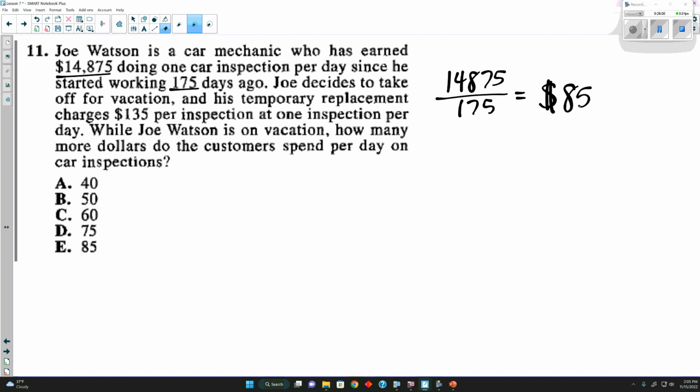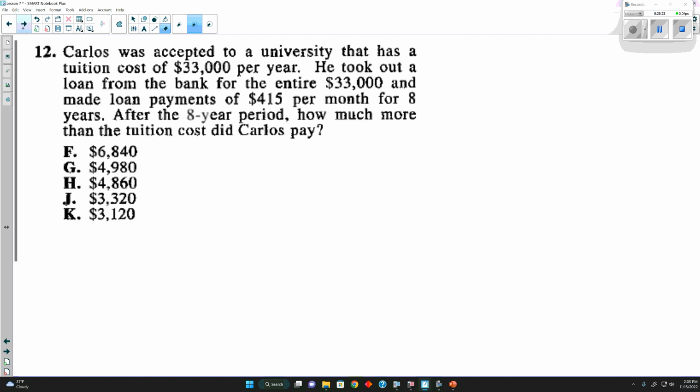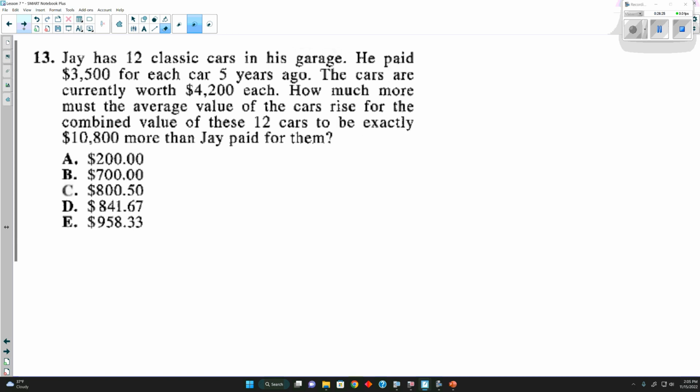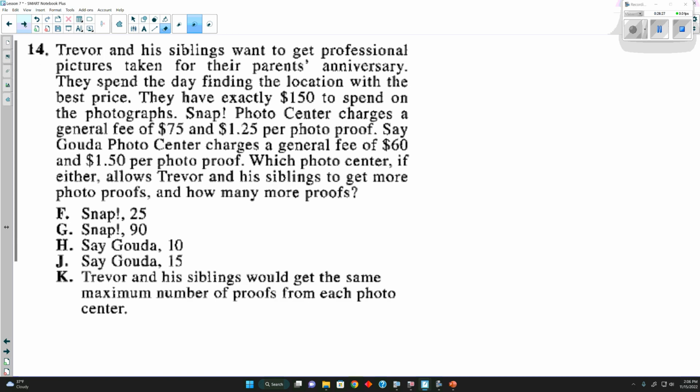How much is the new guy charging? So we just need to subtract these two here, and we get, so how much more are they charging? $50. You'll get that? Okay.